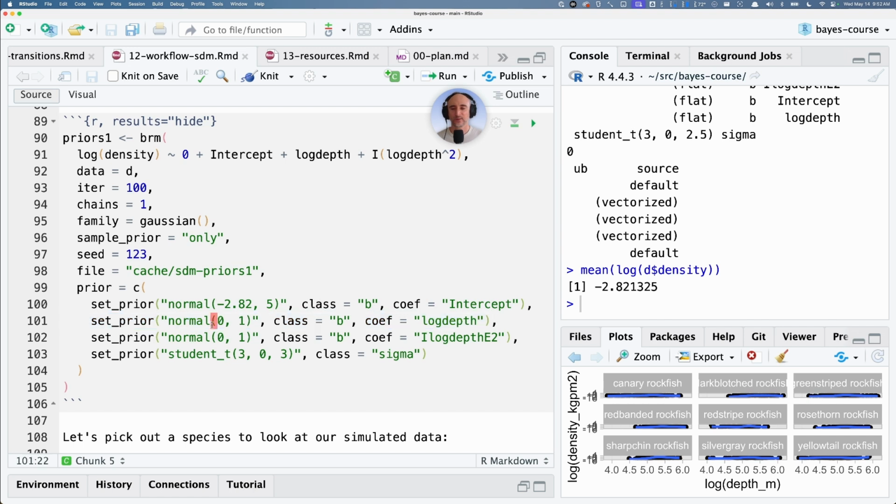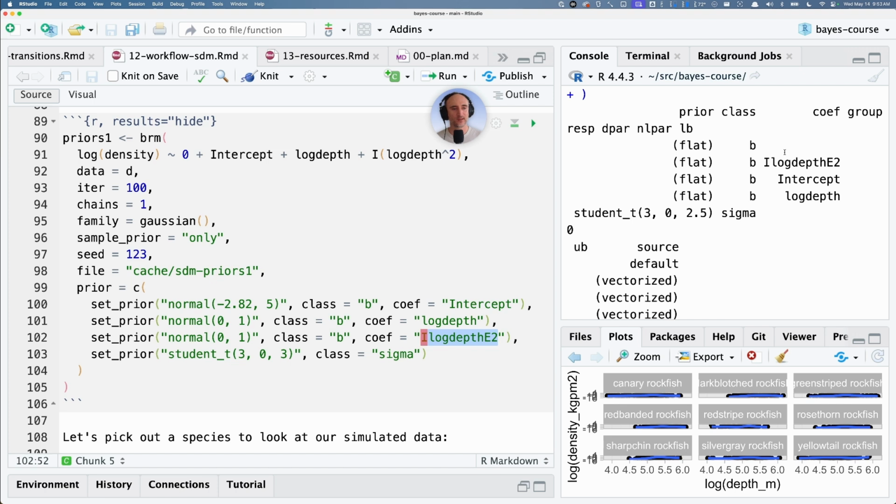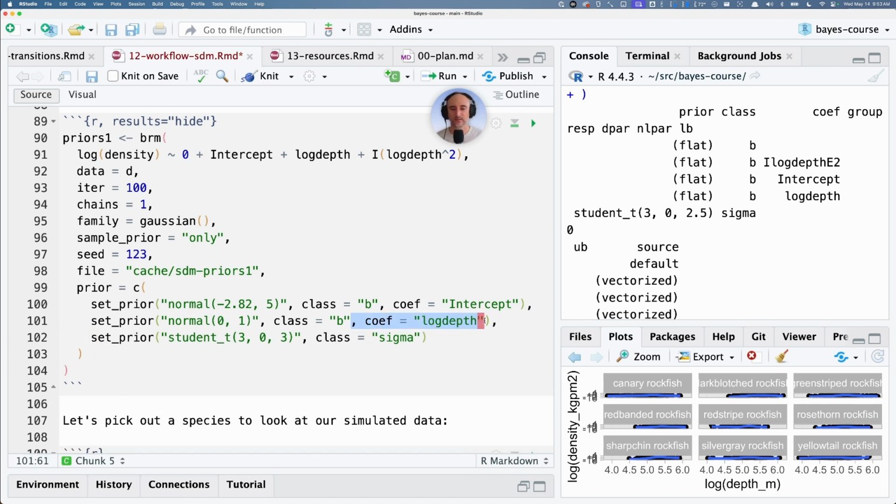So I'm going to start with a normal(0,1) prior on log depth, and a normal(0,1) prior on log depth squared, and I knew what to call that based on what came up in that default priors table. So I'm copying log depth here, I(log depth^2), because that's just what BRMS does with my quadratic term. If I hadn't specified the coef, I could also have just had one line, like this.